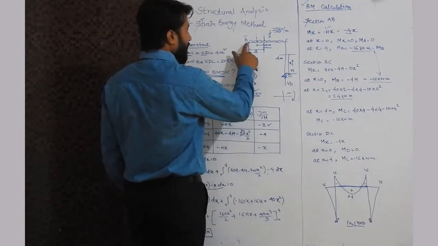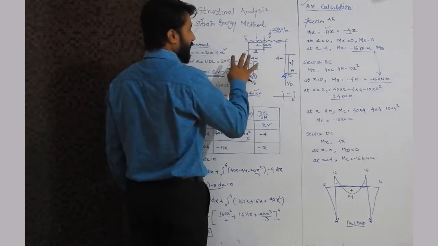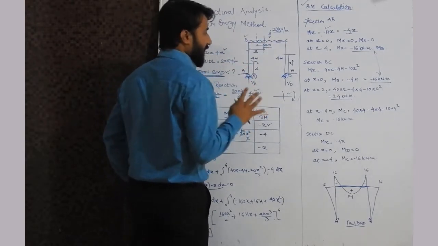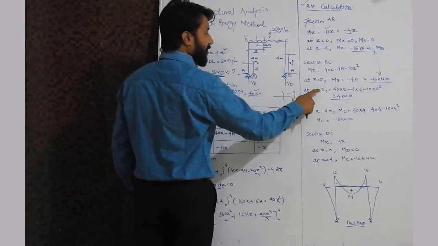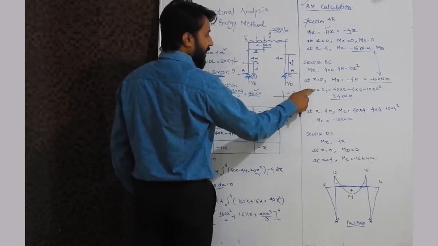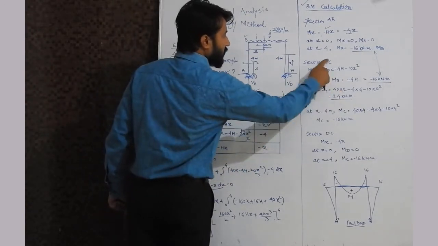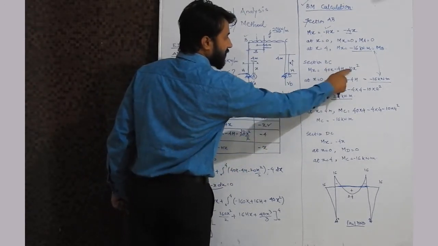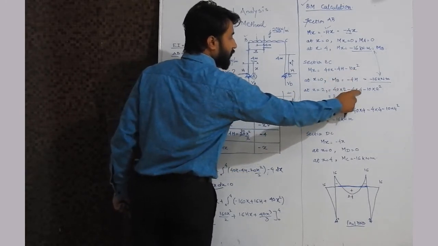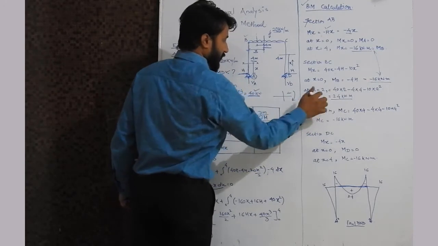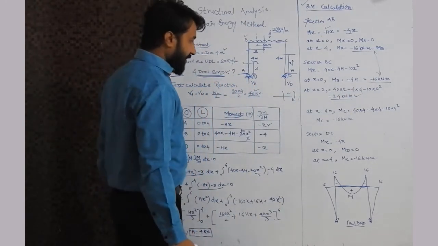Now at this BC portion we know there is one UDL, and the maximum bending moment will occur at the center. So at the center we will calculate the bending moment, which will be the positive bending moment. At x equals 2, 40 into 2 minus 4 into 4 minus 10 into 2 squared, we get the positive bending moment of 20 kilonewton meter.